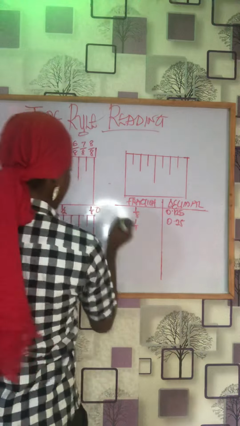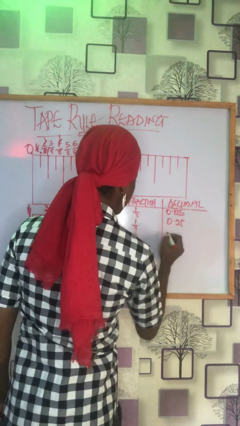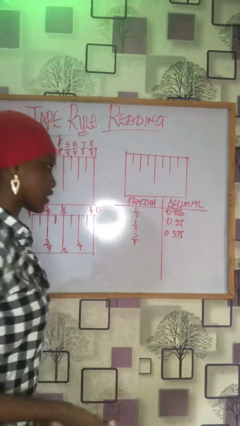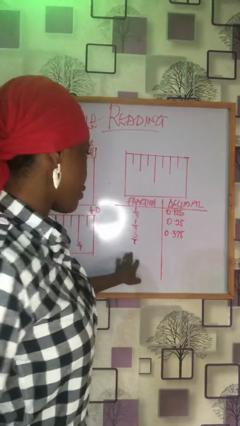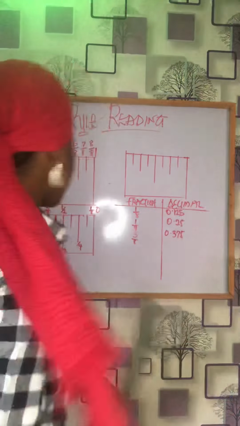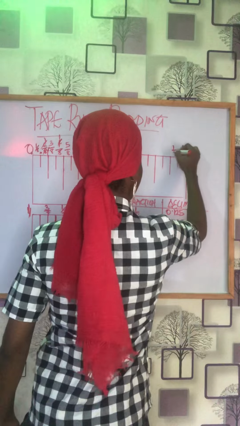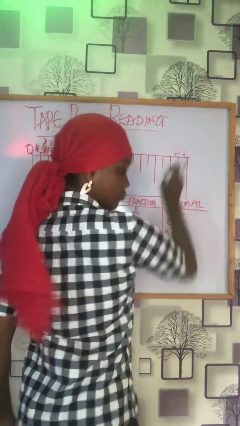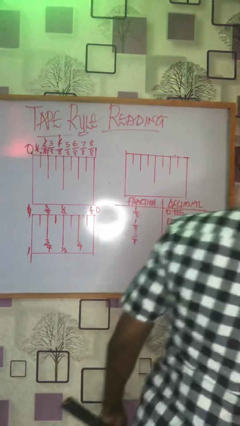Then 3 over 8 will give me 0.375. Let's try that. Make use of your phone, make use of your calculator. 3 over 8 will give me 0.375. That is 1 over 8, 1 over 4. Then this line, I don't want to use fraction.